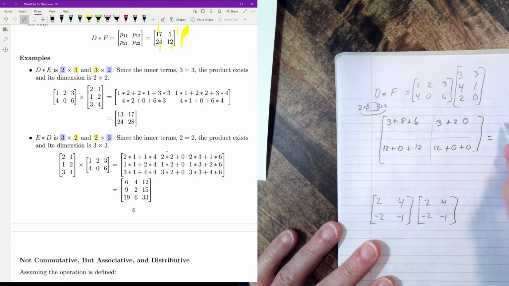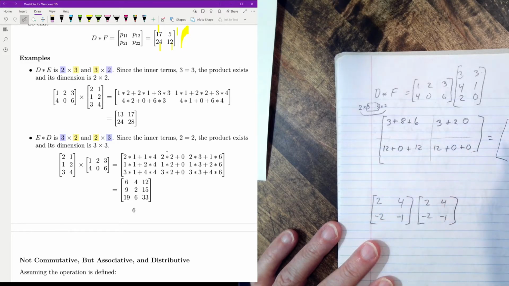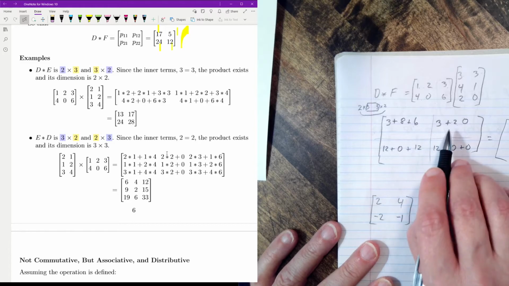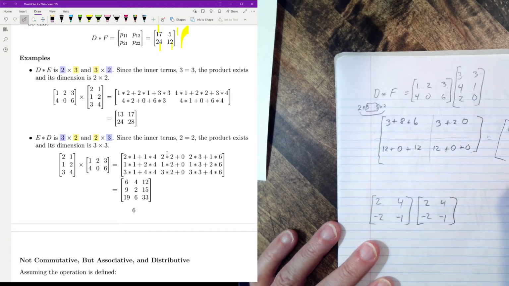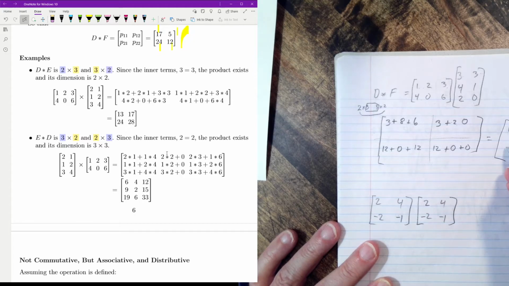Adding everything up in here, we end up with 17, 5, 24, and 12.